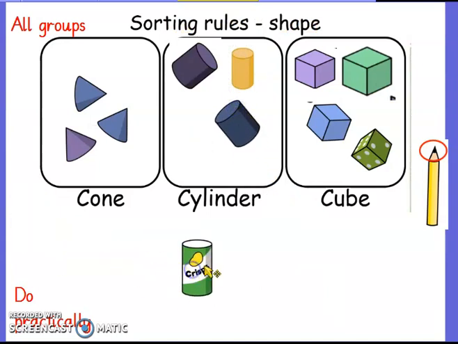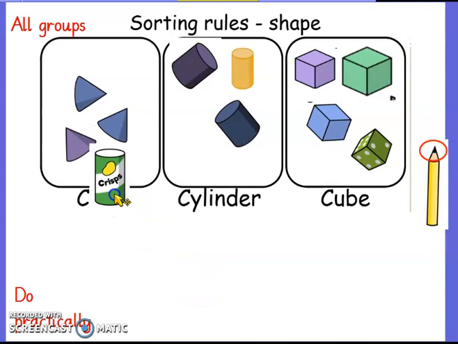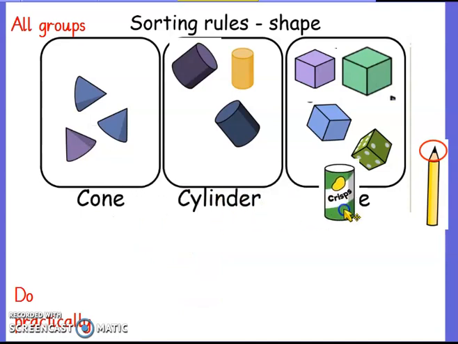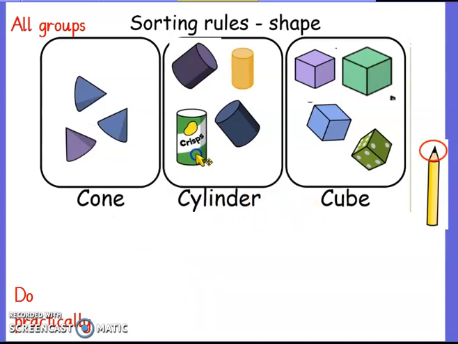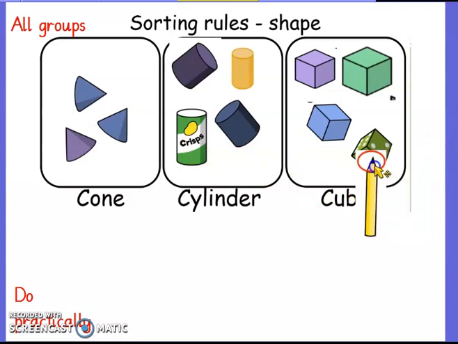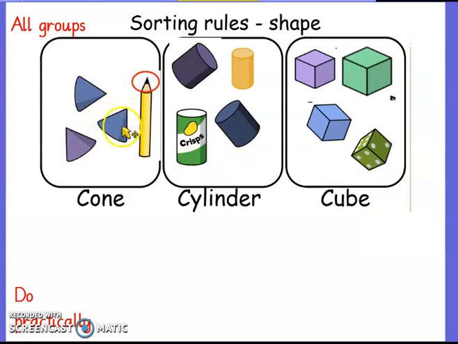Now, a tub of crisps, Pringles. What did I say shape they were? Did they fit in with the cones? No, not cube shape, definitely. Yeah, they fit in with the cylinders. They've got a circle on top and curved edges. Okay, and this top bit, yeah, that looks like a cone to me on the top of that pencil. It's the same shape as these cones.